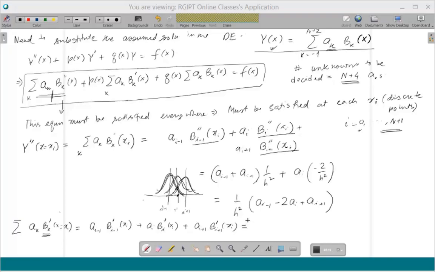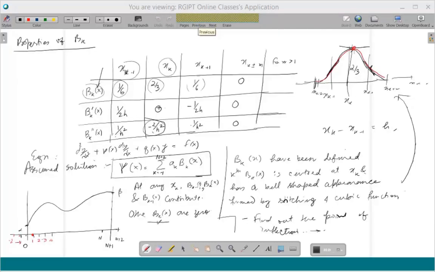And those numbers will be that. The one centered at the same i will be 0. One will be 1 by 2h and one minus 1 by 2h.